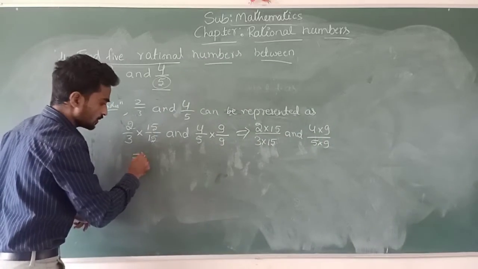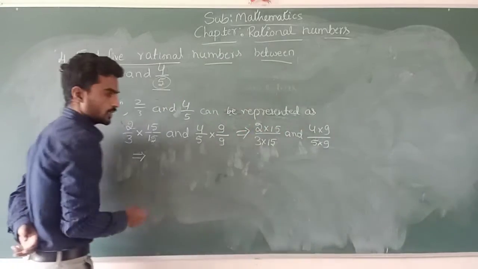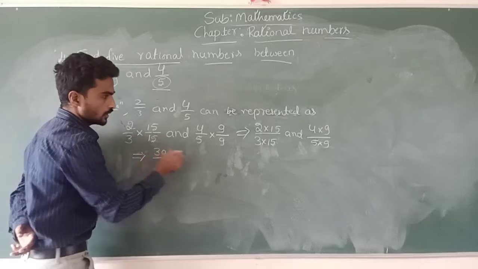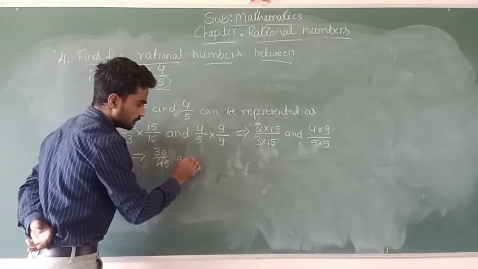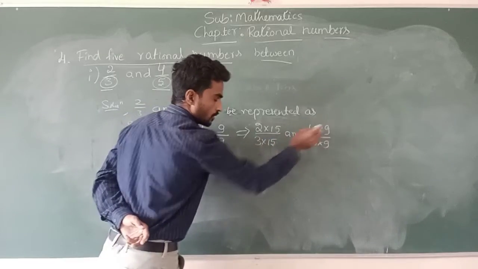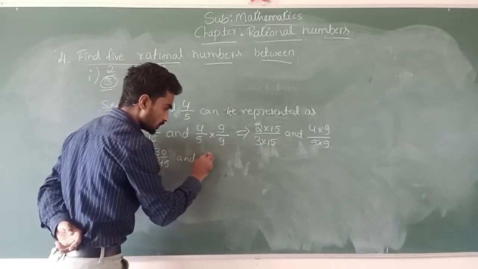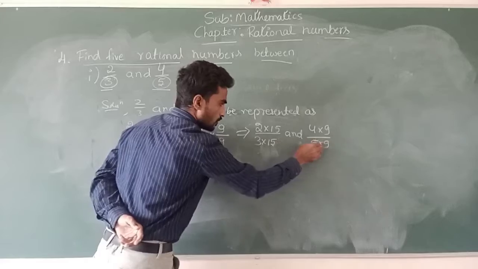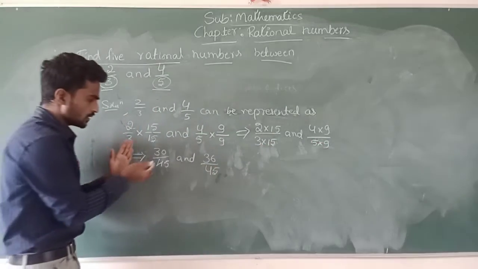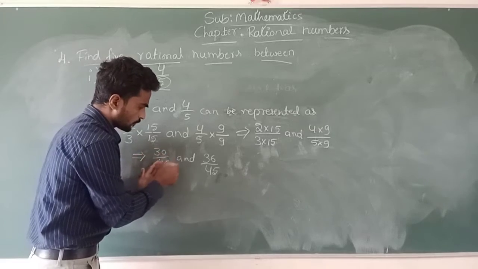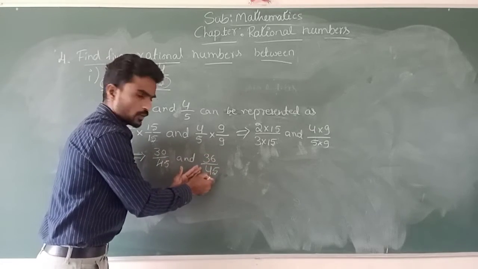Then that implies 2 15s are 30 divided by 3 15s are 45, and 4 9s are 36 divided by 9 5s are 45. Now you can write the rational numbers between 30 divided by 45 and 36 divided by 45.